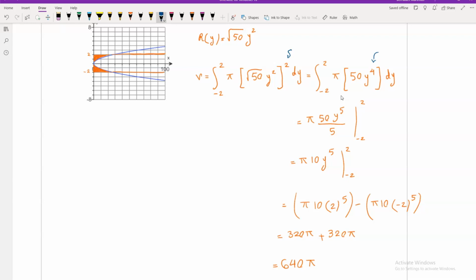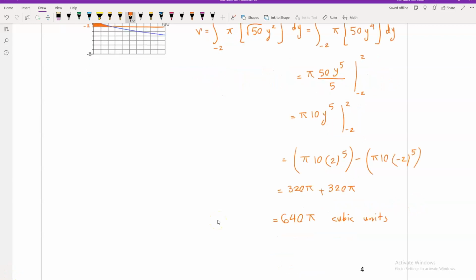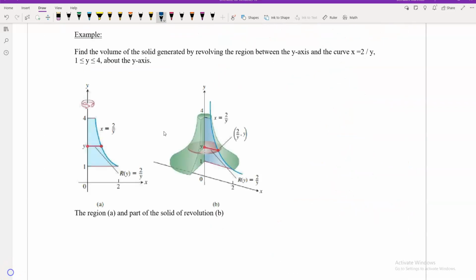Then -2 to the 5th power is -32, times 10 times negative times pi is positive 320 pi. Adding these two numbers, 320 plus 320 is 640 times pi. So this is our final answer for this part. The volume of the solid is 640 pi cubic units.